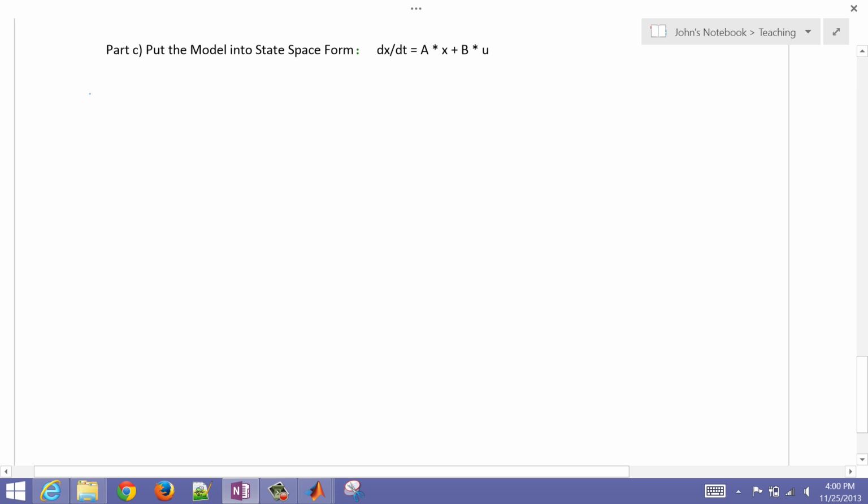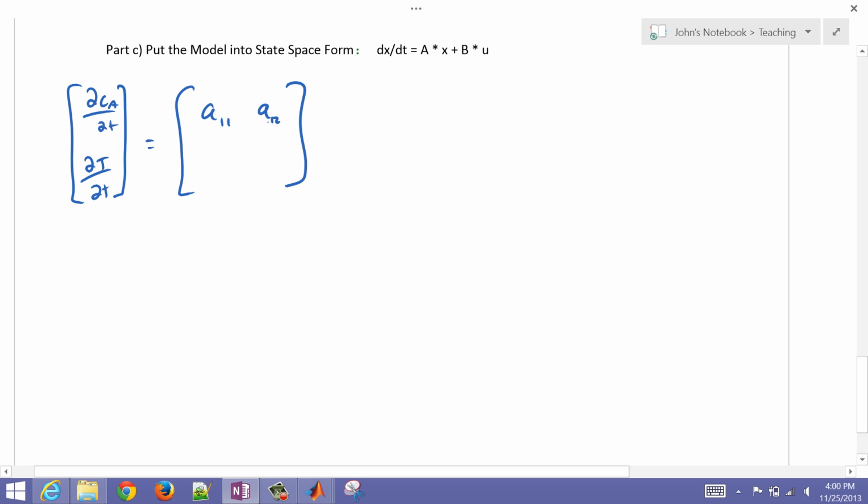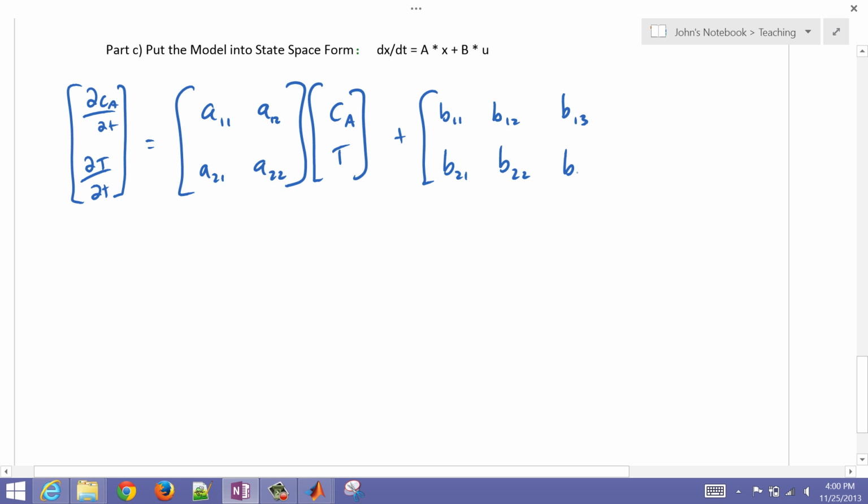State space form in this case is going to be dCA dt and dtemperature dt, the derivatives, equal to a 2 by 2 matrix, A11, A12, A21, A22, times CA and temperature, plus, and I have 3 inputs here as well, so it's B11, B12, B13, B21, B22, and B23, multiplied by all of my input disturbances.